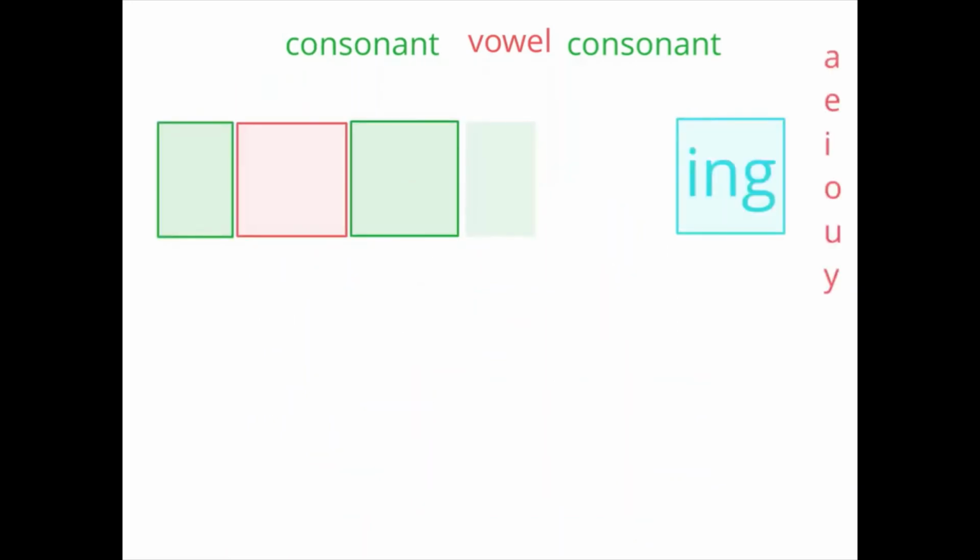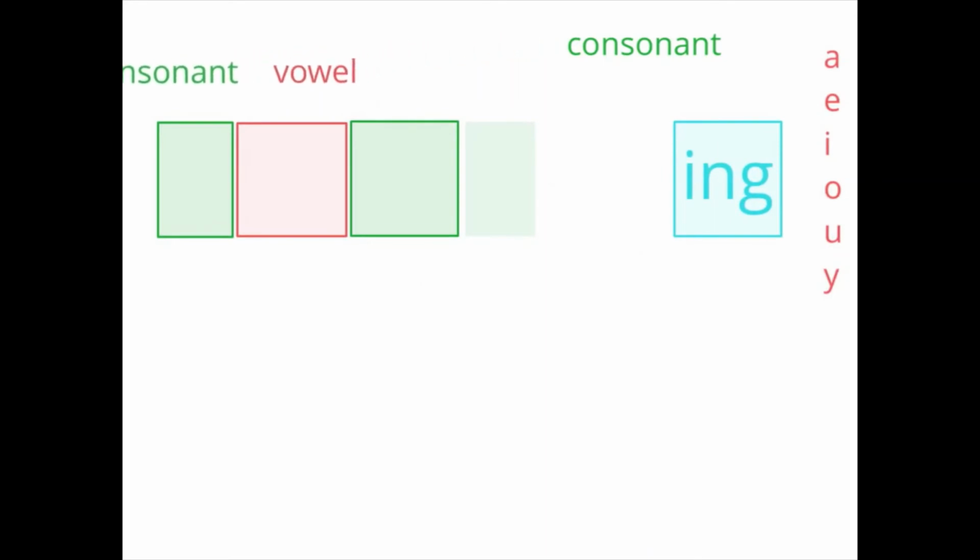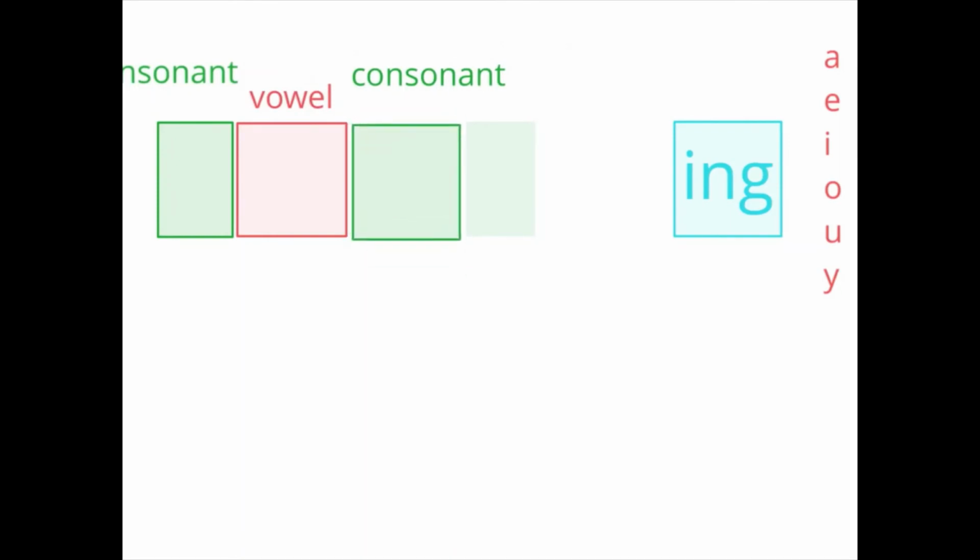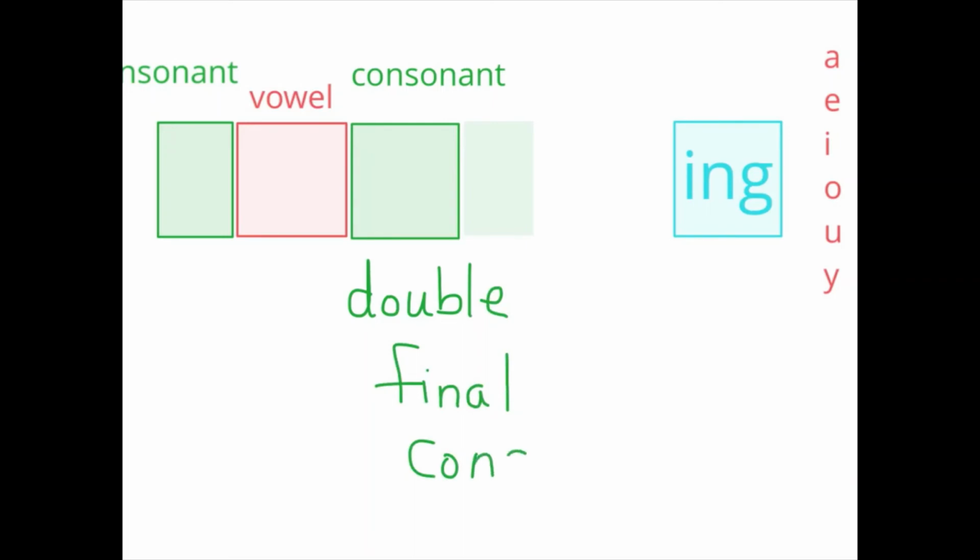When we are adding ing to a verb that is a consonant, vowel, consonant word, we are going to take this consonant and we are going to add another one. We call that doubling. We say we double the final consonant. Final means the last one at the end of the word.